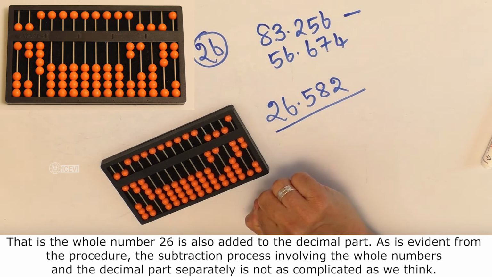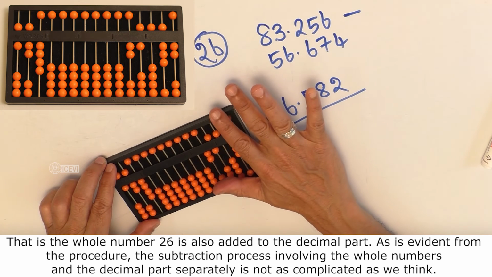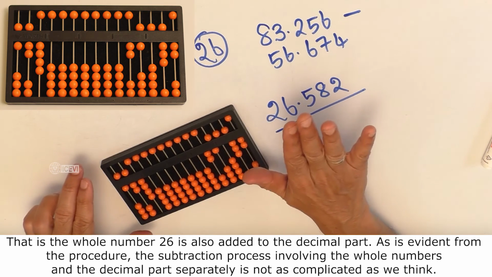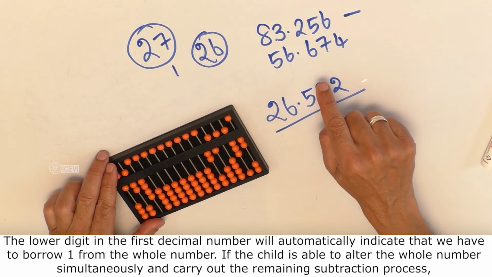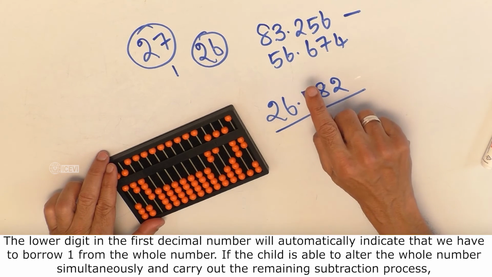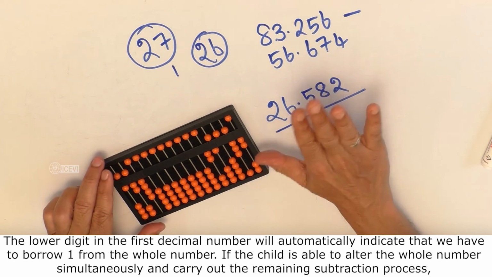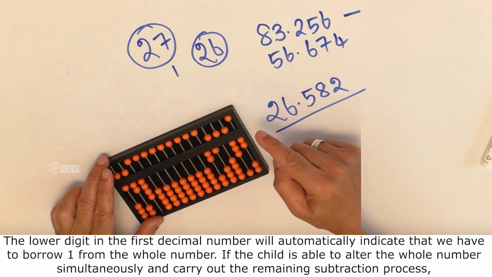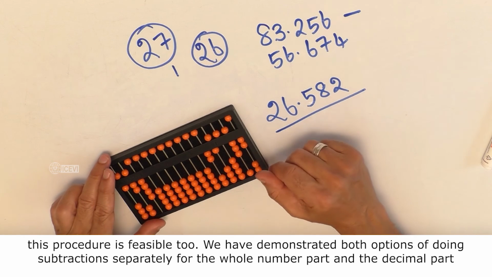As is evident from the procedure, the subtraction process involving the whole numbers and the decimal part separately is not as complicated as we think. The lower digit of the first decimal number will automatically indicate that we have to borrow 1 from the whole number. If the child is able to alter the whole number simultaneously and carry out the remaining subtraction process, this procedure is feasible too.